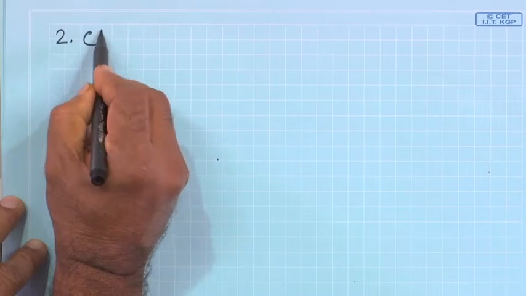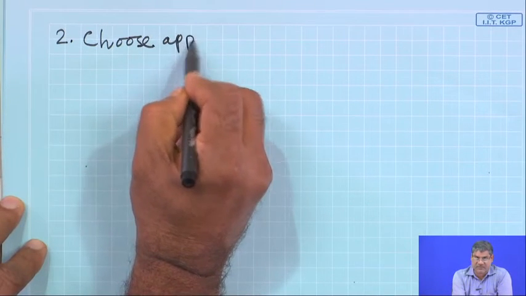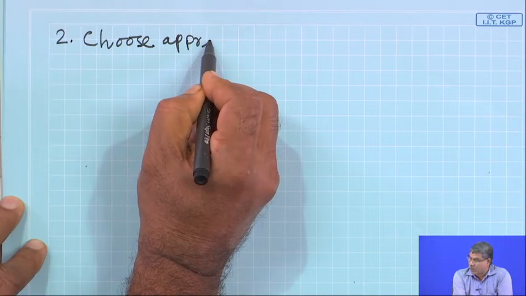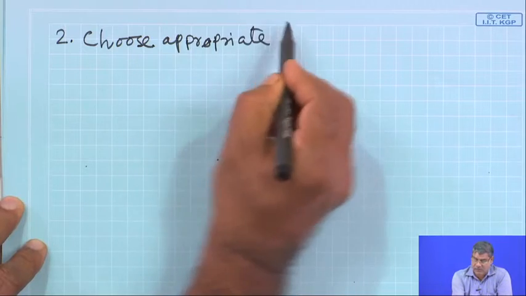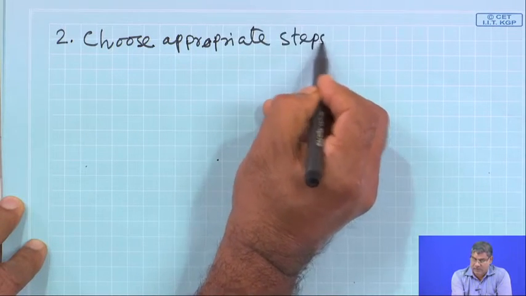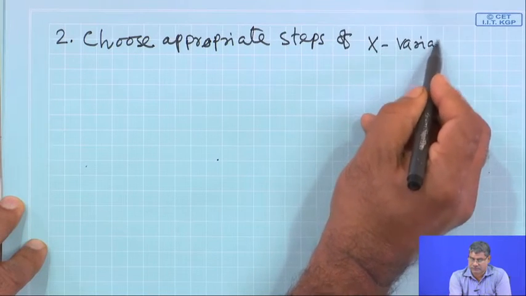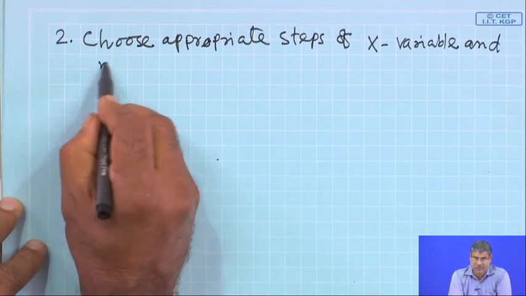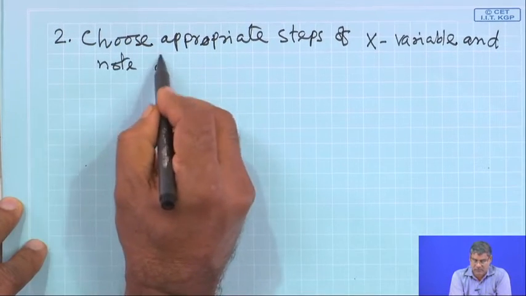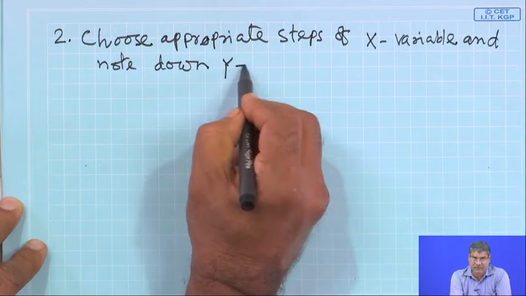So, the second important thing is that choose appropriate steps of x variable and note down y variable. Okay.